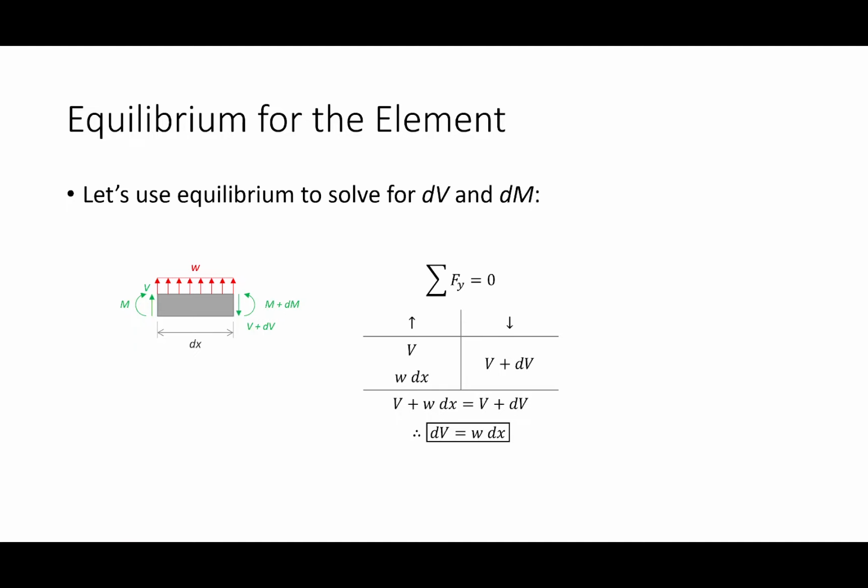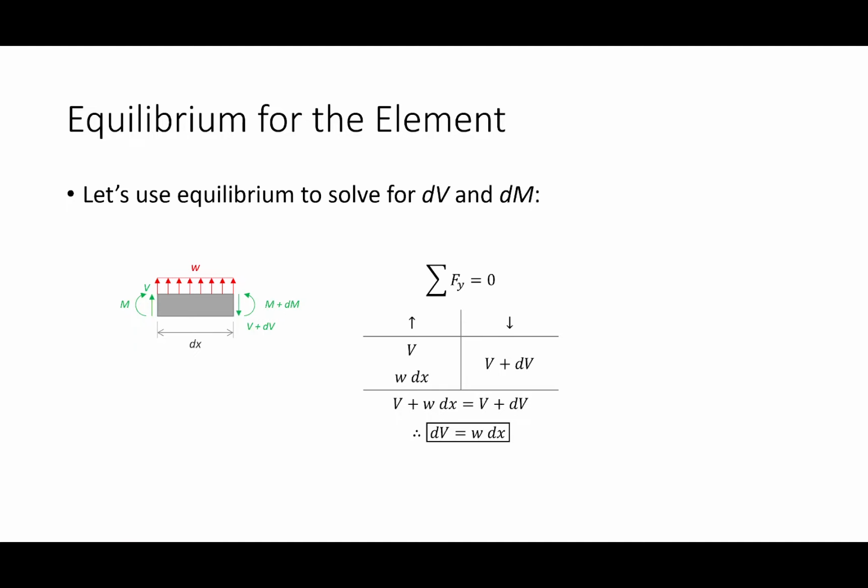Does that make sense? Again, I'm not saying we're actually going to be doing this a lot, but being able to understand how you go from a constant to a line to a parabola, that actually does matter in order to be able to wrap your head around the graphical approach we're going to do here in a bit. Does that make sense? Everybody okay with that? So that we are going to do.